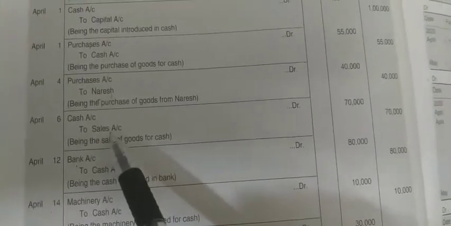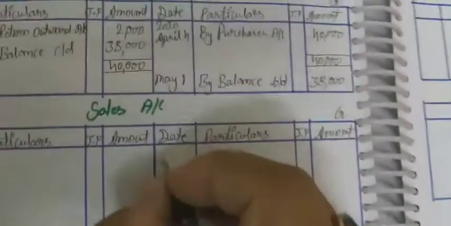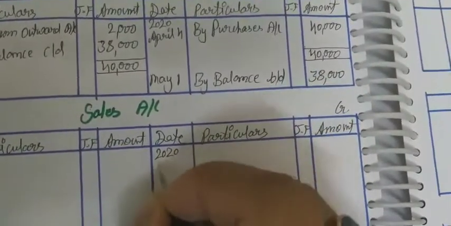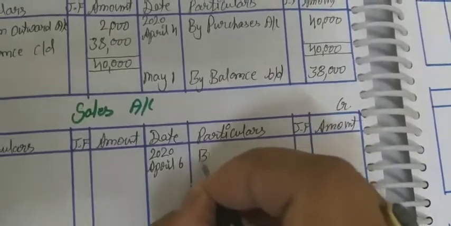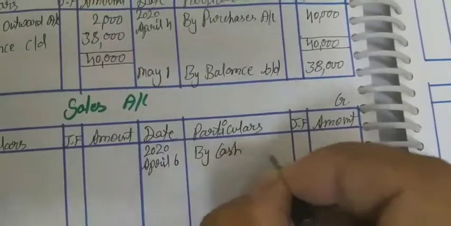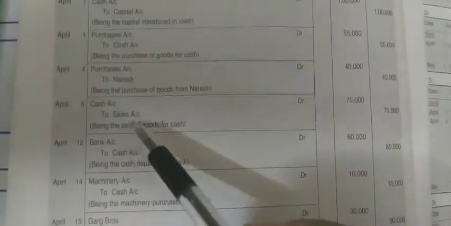You can say the sales account is credited with the cash account on April 6 with rupees 70,000. So by 2020 April 6, by cash account with rupees 70,000. And after this, is there any sales transaction? Yes, it is on April 15.